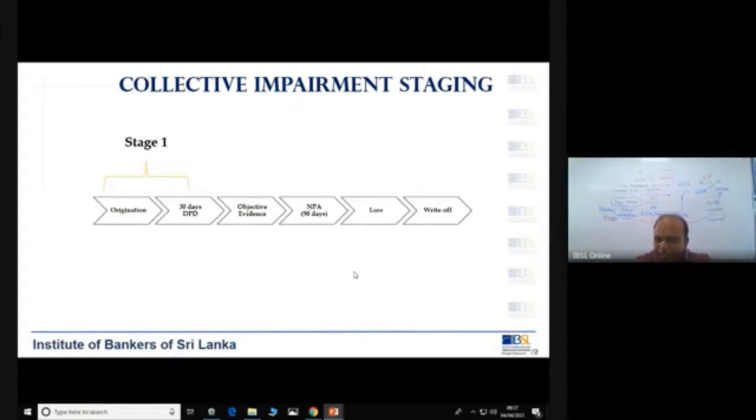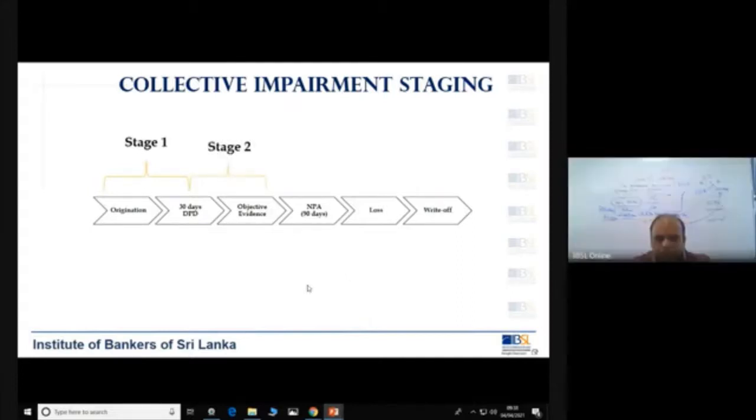Again, this staging is like a classification. So what do you do? All loans which are just granted or within 30 days past due, we call them stage 1.